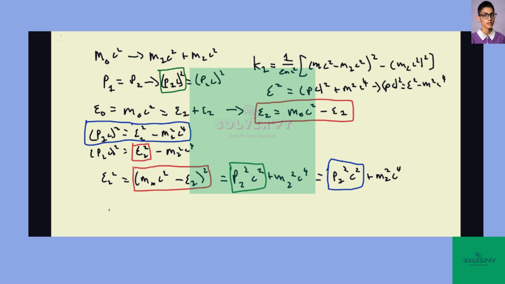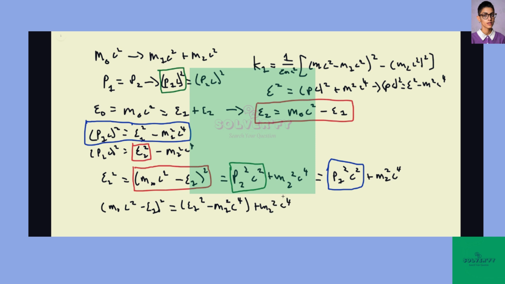And now we have M0 C squared minus E1 squared is equal to E1 squared minus M1 C squared C to the fourth plus M2 squared C to the fourth.